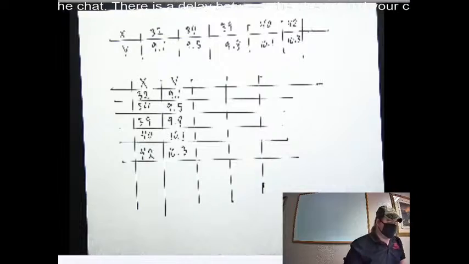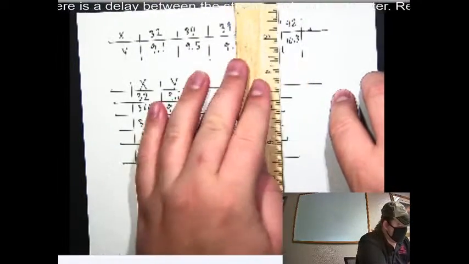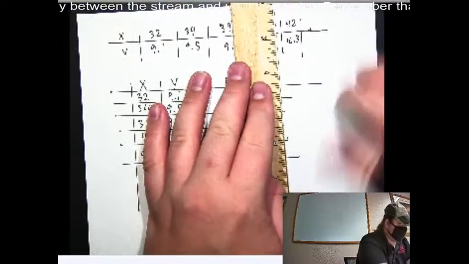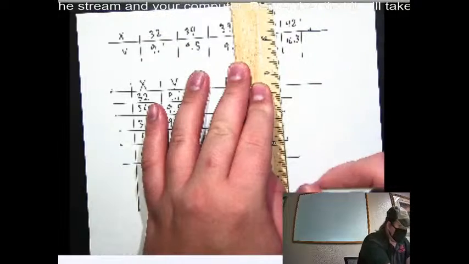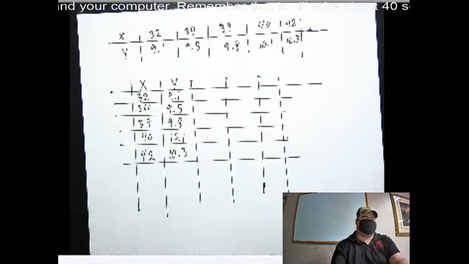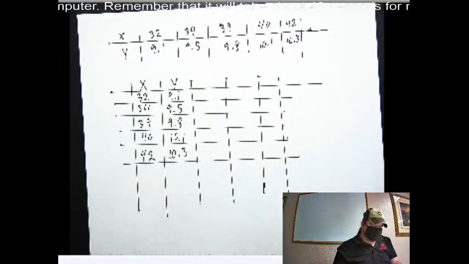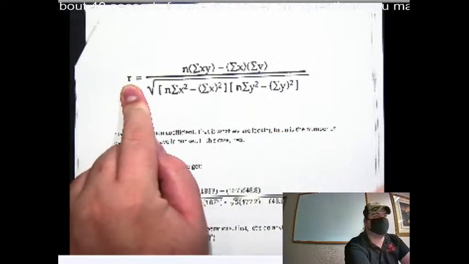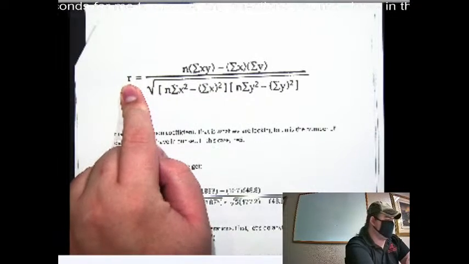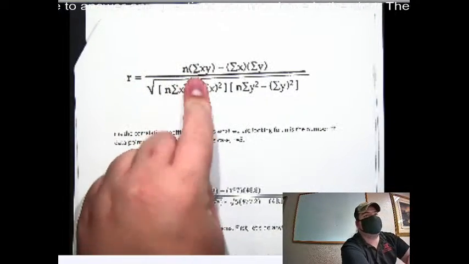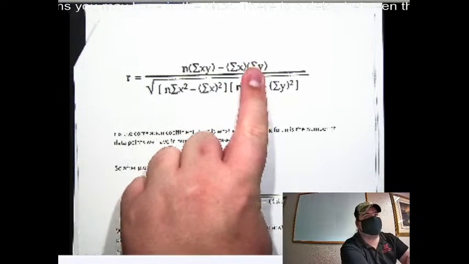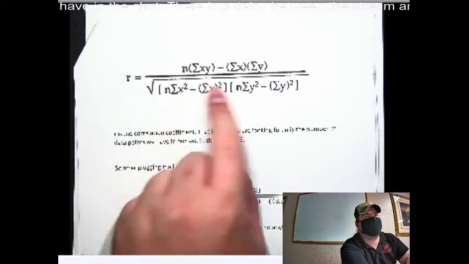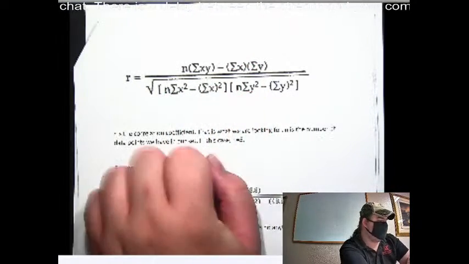Now we need some extra values in here for our formula. First of all, let's take a look at the formula. This is the formula for the correlation coefficient. R is our correlation coefficient. So the things that we need are the sum of xy, the sum of x, the sum of y, the sum of x squared, and the sum of y squared.